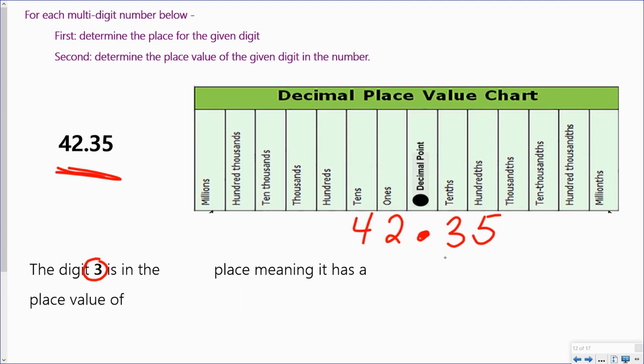So if you notice, my 3 is in the tenths place, which means it has a place value of 3 tenths. And I would write 3 tenths as 0.3. And I would read that as 0 and 3 tenths. Because again, my decimal always represents the word and.